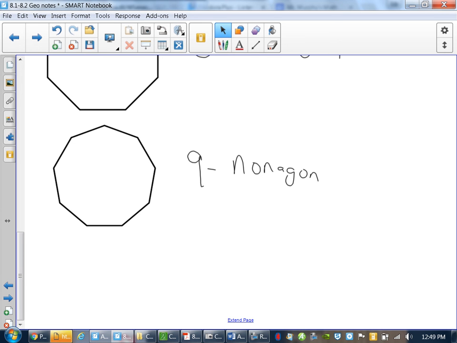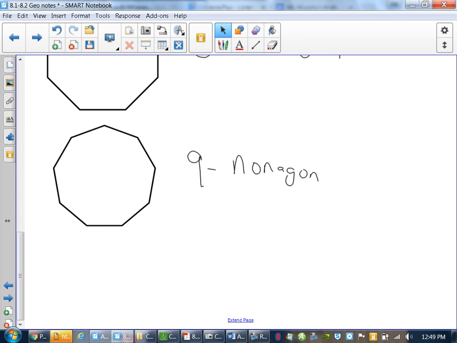Every distance from here to here is the same. Whereas in a polygon, the distance from the center from here to here is different than from here to here. So polygons, no matter what, you're always going to have different lengths throughout.